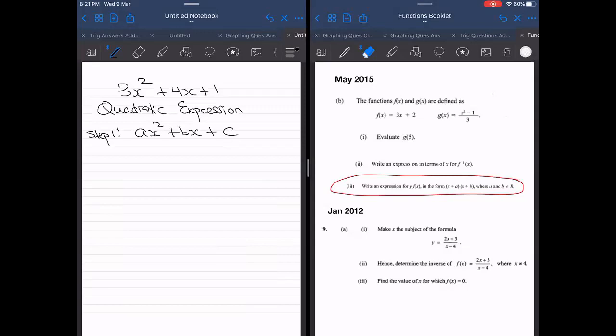So step one is to write the value of A, B, and C. So in this case, A is whatever is in front of the x squared, B is whatever is in front of x, and C is what is on the outside.